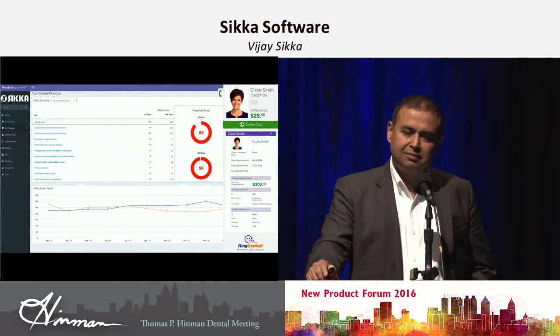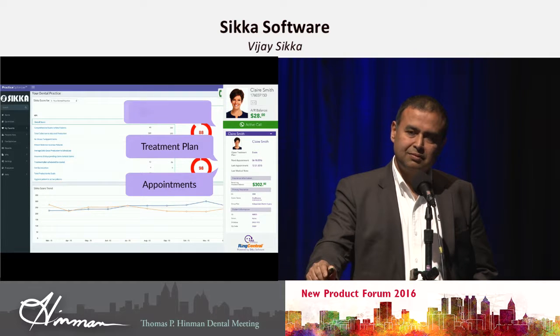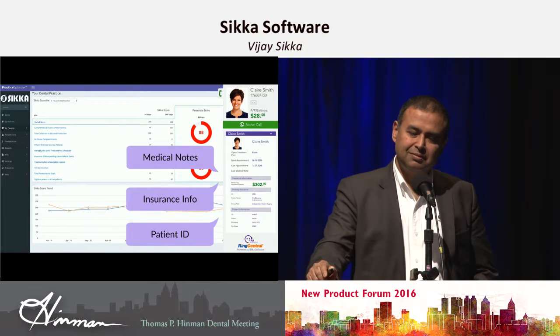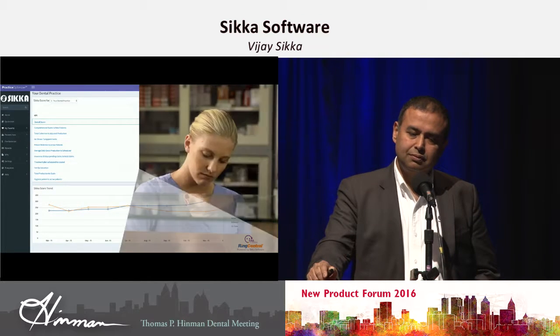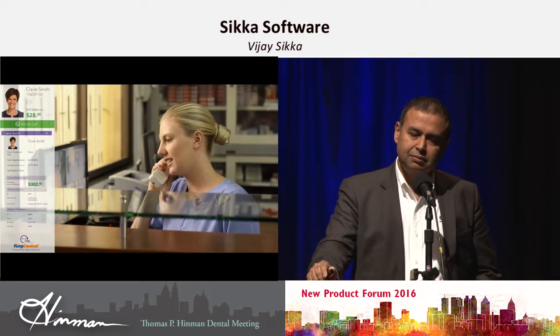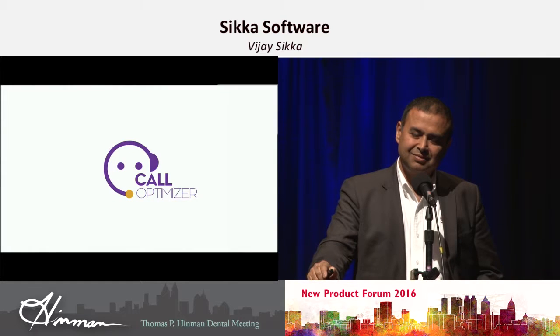The application instantly provides you with necessary information, including your patients' names, treatment plans, appointment times, and more. Your staff can easily view medical notes, insurance information, patient IDs, accounts receivable, and be ready to interact as soon as the call is answered. Bring your practice into the 21st century with Call Optimizer.